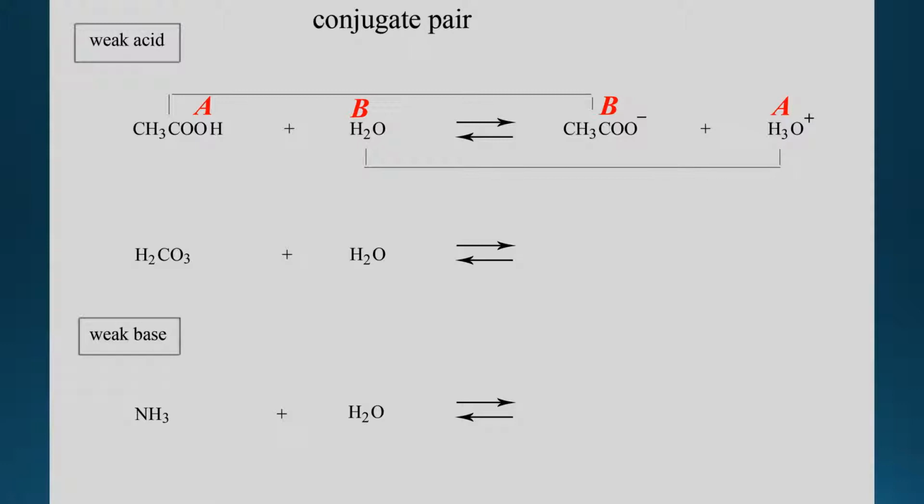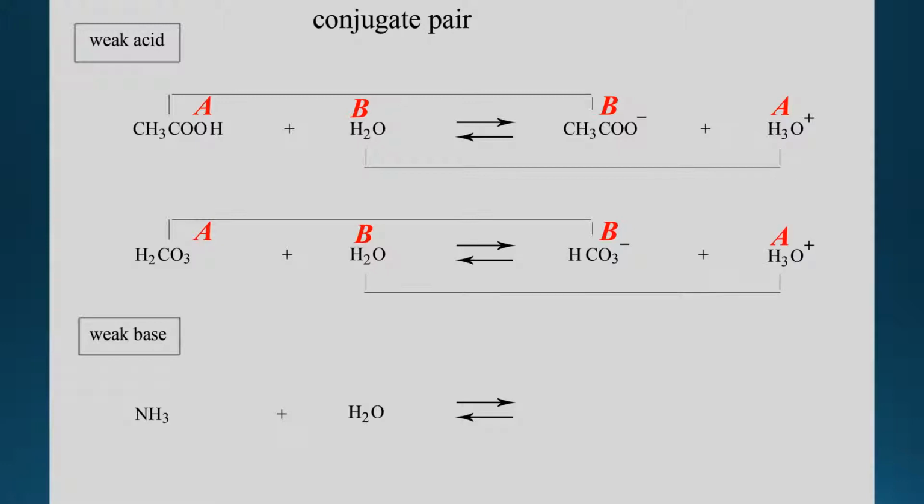Carbonic acid is an acid, so your partner must be a base. Identify your conjugate pair. Your mirror pair must be one H less. As for water, being a base, your mirror pair must be one H more. Last one. Ammonia is a base.